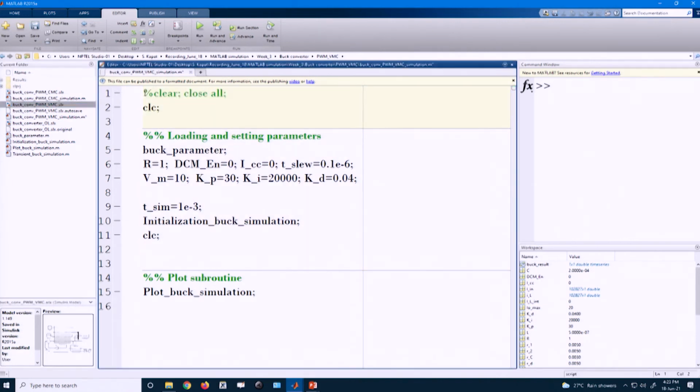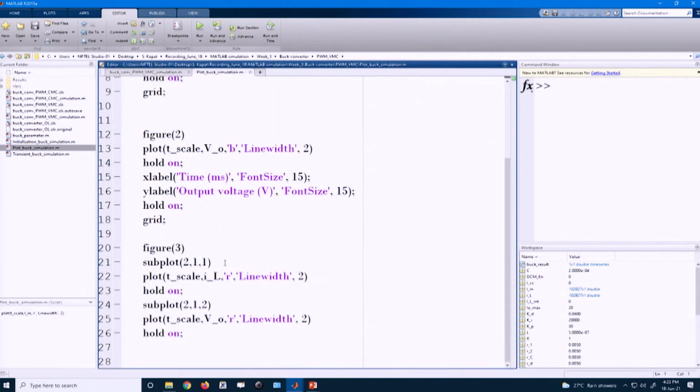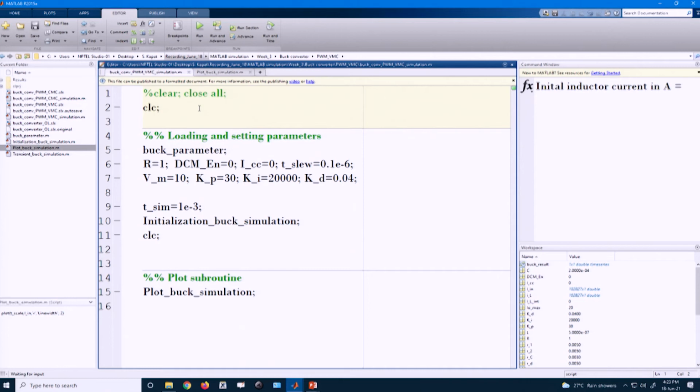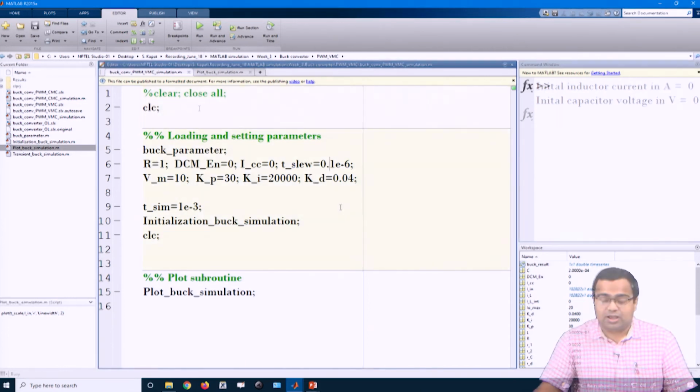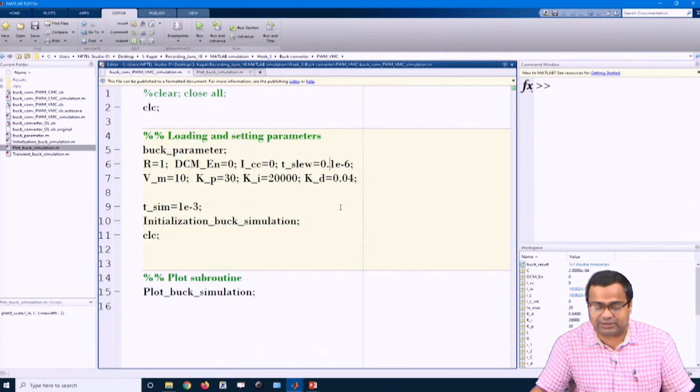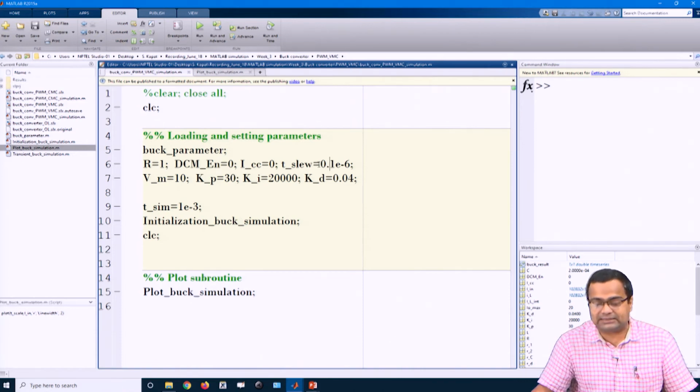Earlier it was the red color, now I want to make it blue. I have not made any change in the controller, and we want to start from 0. Here we put a very fast slew rate, that is why we would hardly see any change. It is 0.1 microsecond, which is too fast.